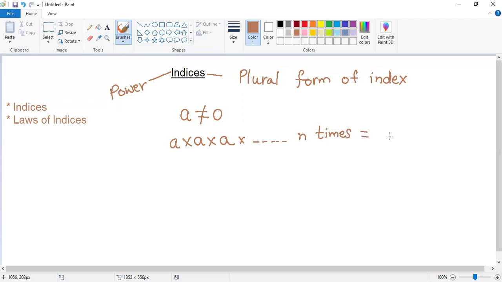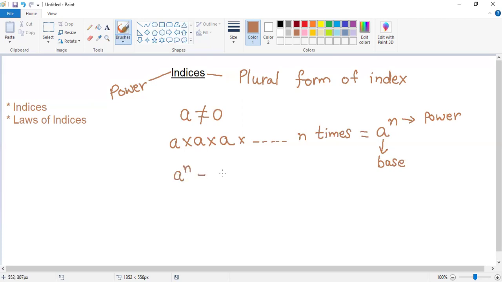So in short, n could be any number, but in short, if you are writing this, you will write this as a power n. Now, what is a here? a is known as base, and n is power. So this is a to the power n.